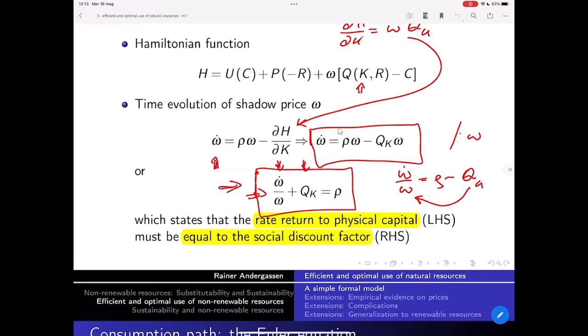So I would like today to finish what we started yesterday, the last lecture, and that is, I would like to finish the results of the general model. In particular, now I'm going to talk about the Euler equation.